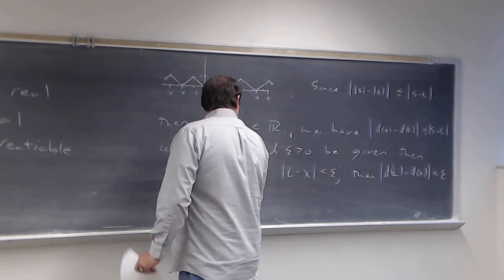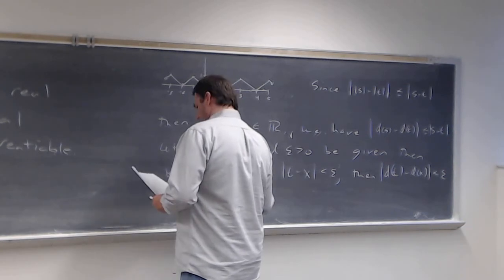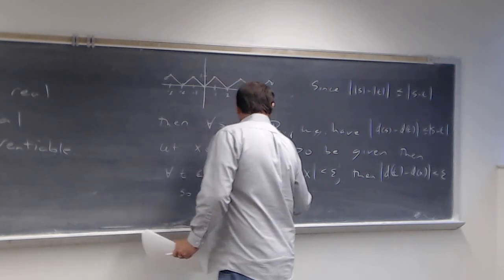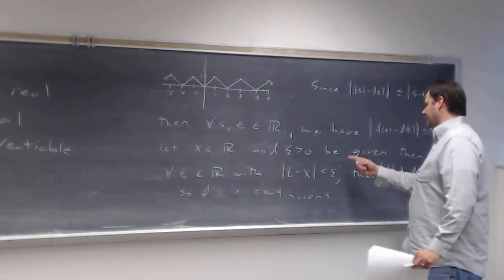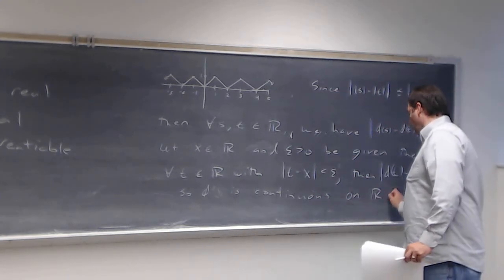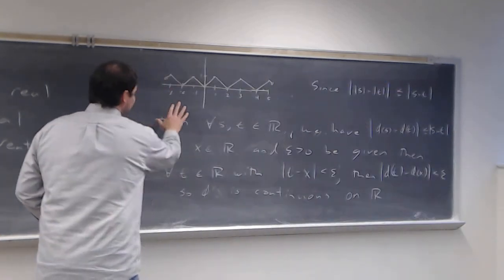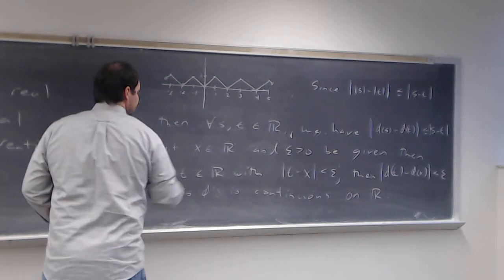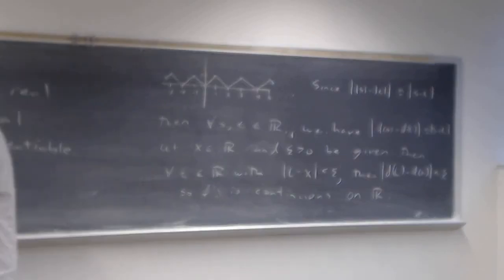So that says phi is continuous at this x, but that was just an arbitrary x, so it's continuous on the whole real number line. This obviously isn't a function that's nowhere differentiable. I mean, it's not differentiable at these sharp corners, but we've got to do something a little bit more creative to get the function we need.